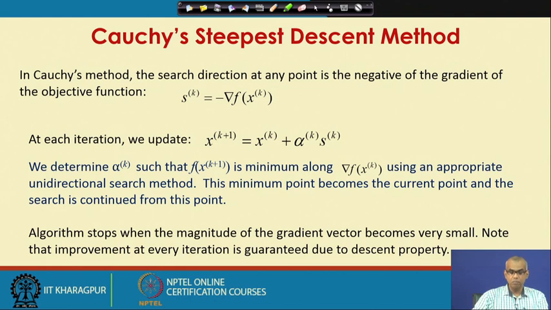Note that improvement at every iteration is guaranteed. This is because we are talking about a descent method. So, when the search direction is a descent direction, the objective function value will keep on decreasing with each iteration.